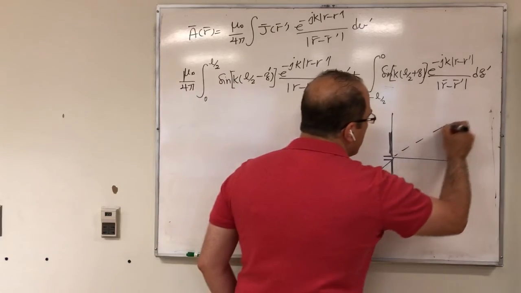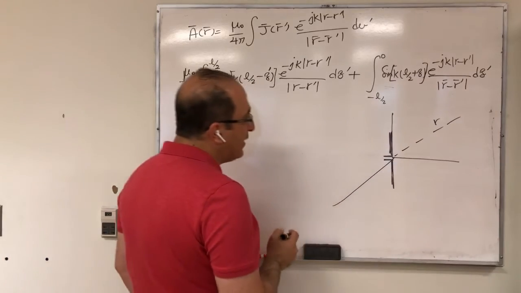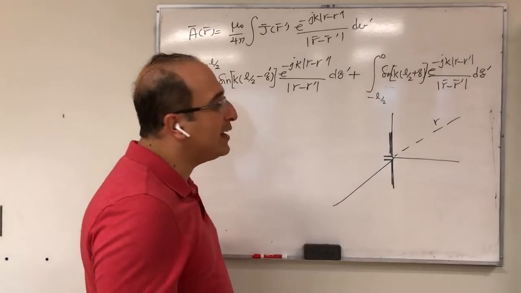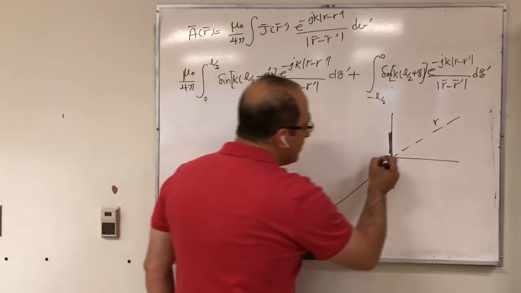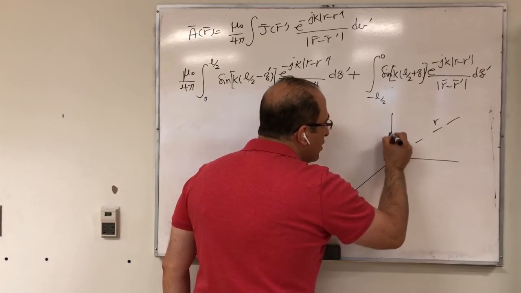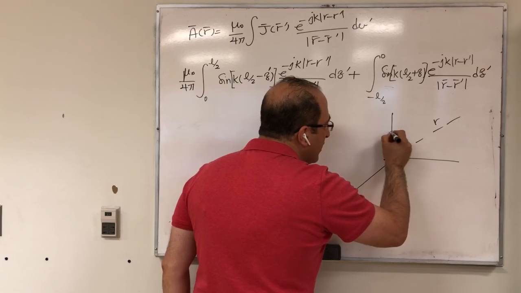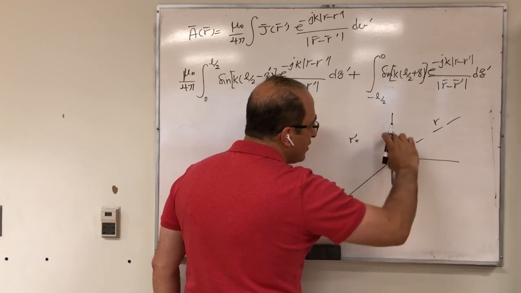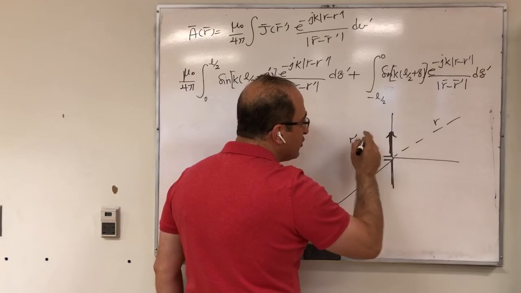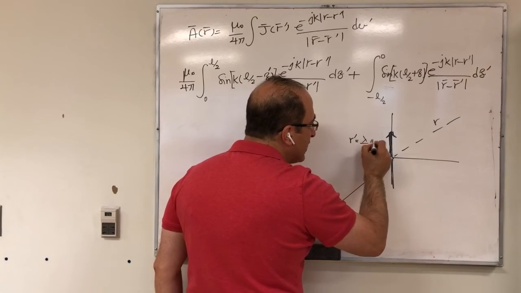And this is your observation point R. Now imagine, for example, that the length of the dipole is 1 lambda. Then this vector, which connects me to the tip of the dipole, is R prime, which is equal to lambda by 2 Z hat.